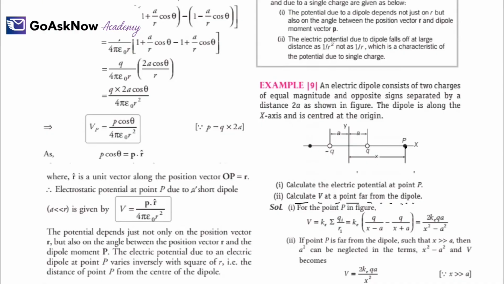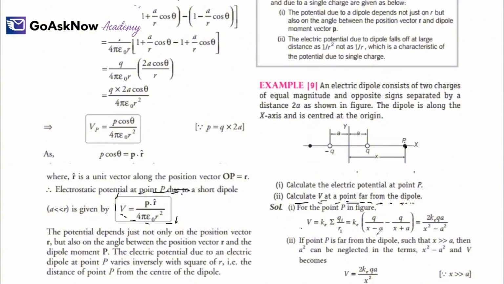Okay. So this was the general formula we were getting for the electrostatic potential of a dipole. Now it is the axial point potential, and for the second part we have a point very far from the dipole. For the point P in the figure, V is equal to what?